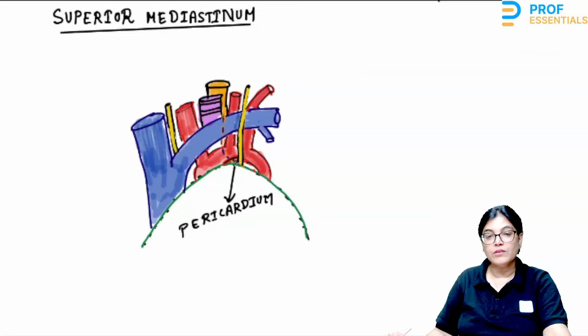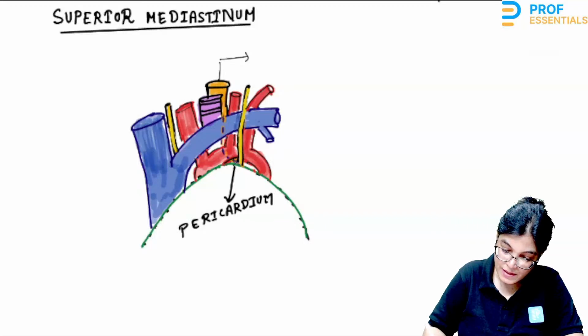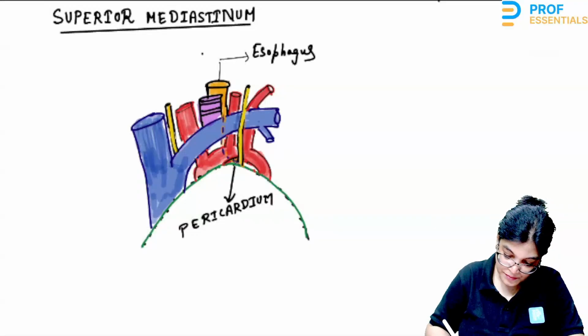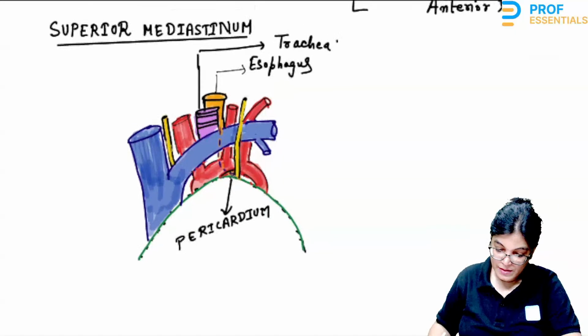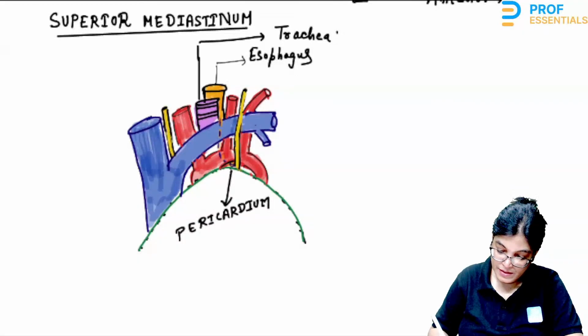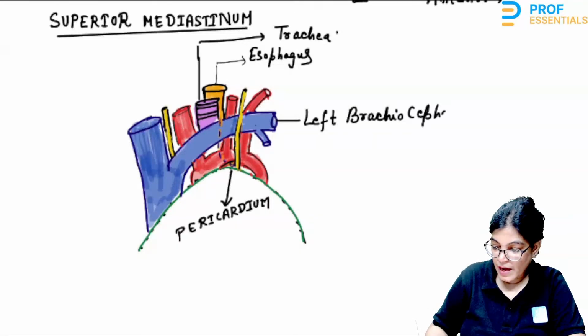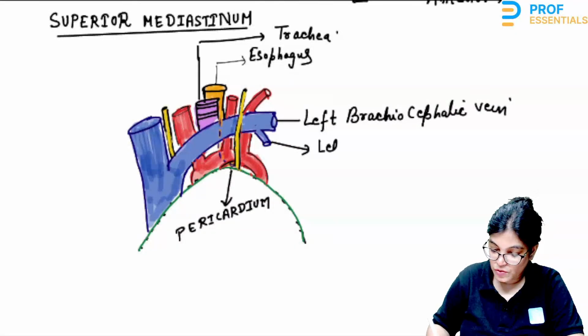Now we can label the important structures which are visualized here. This is the esophagus, this is the trachea, this is the left brachiocephalic vein. And what is this draining into the left brachiocephalic vein? This is the left superior intercostal vein.